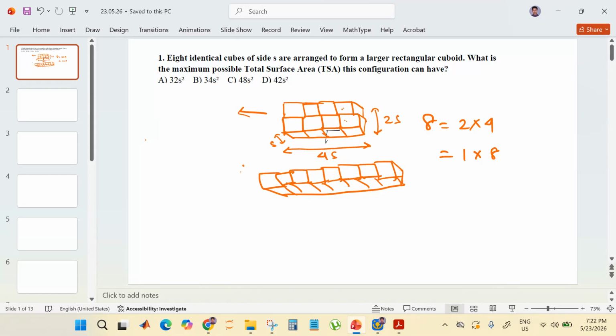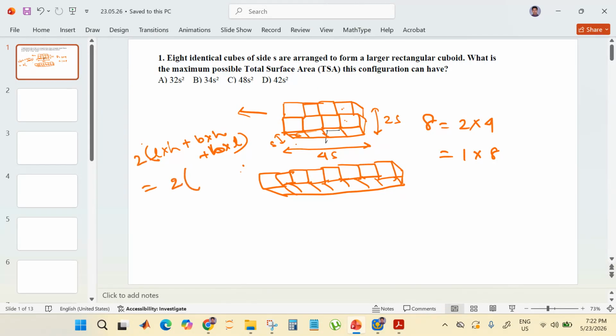It is nothing but the area of this block, that is 4S into S, that is L into H, plus B into H plus L into B, multiplied by 2. So this is the total surface area formula.